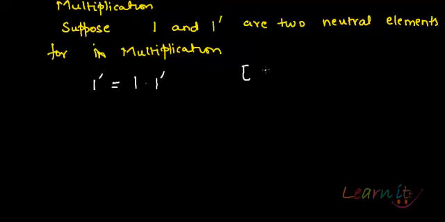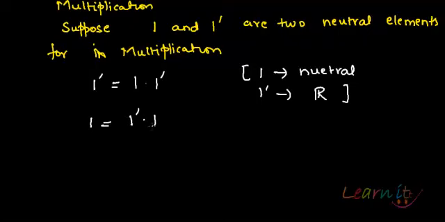Here what we are doing is taking 1 as neutral and 1 prime as any number in the field, some number in R. Similarly, 1 equals 1 prime into 1.